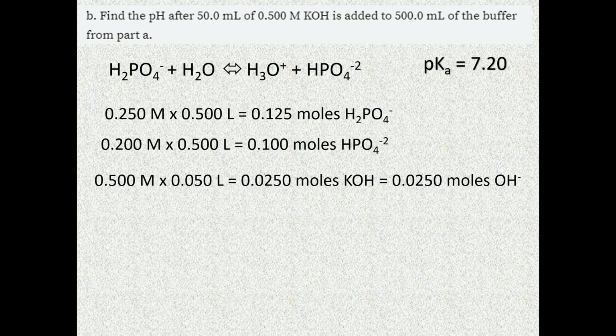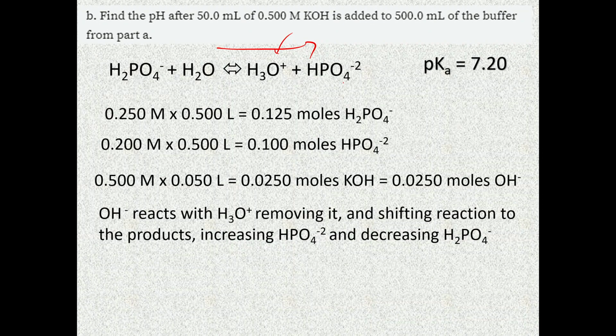This is exactly the same thing that we were doing previously. Find the moles of your original materials, find the moles of what you're adding, and add or subtract as necessary. If I'm adding OH minus, it's going to remove the acid and therefore shift things forward, so I should get more base and less acid.